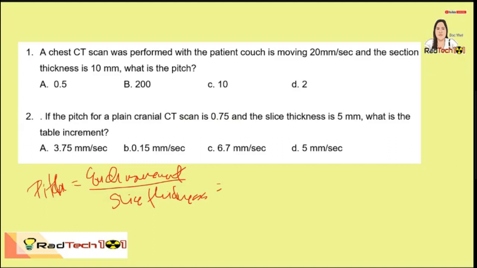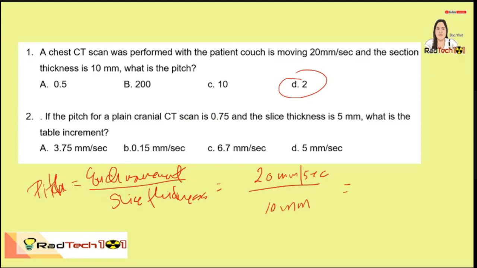So, in this case, the couch movement is 20 millimeters per second and the thickness is 10 millimeters. So the pitch is 20 divided by 10, that is letter D.